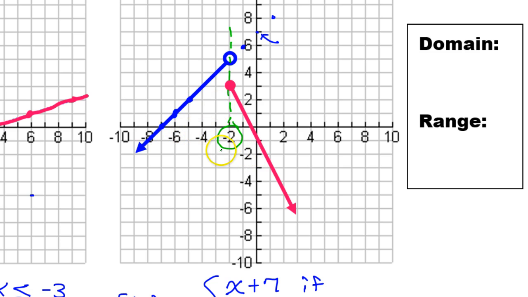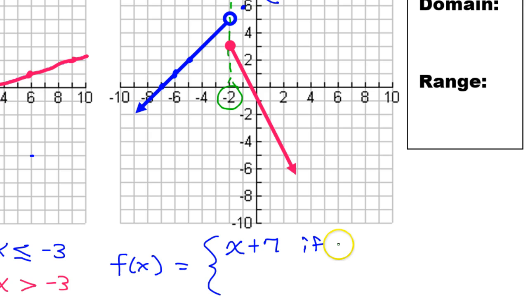This is not called the axis of symmetry. They are not symmetric the way an absolute value function is. But still, this is the number we use for our restrictions, our domain restriction, because this is the x value where it stops being the blue function and starts being the red function.